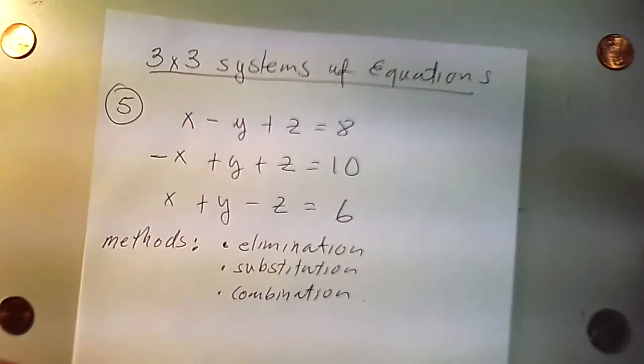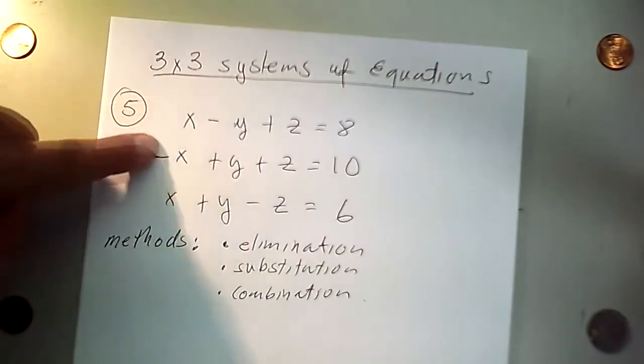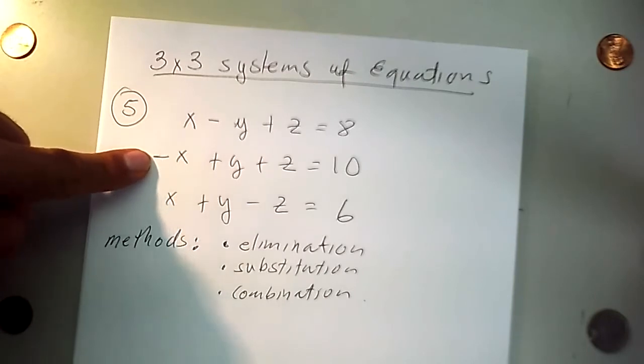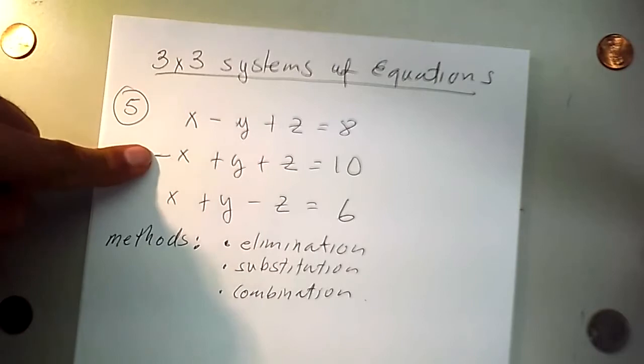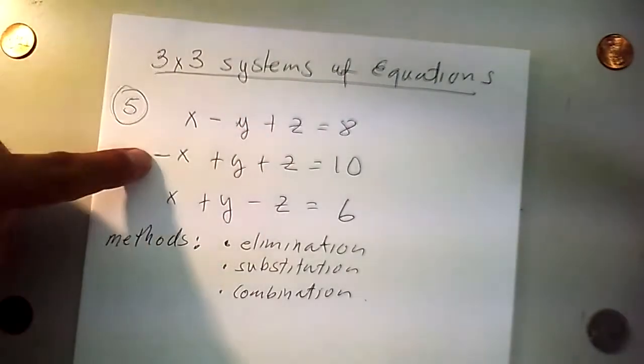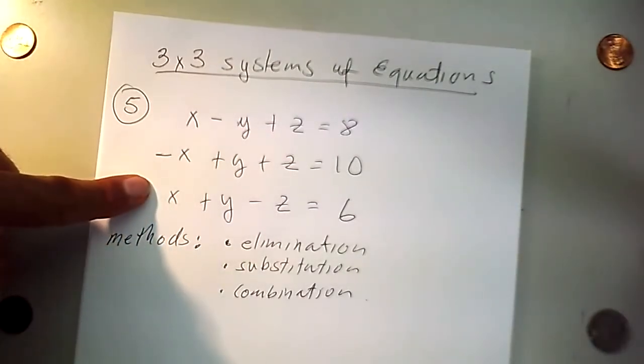Sometimes we eliminate one. For instance, here, it's very easy to eliminate the x because we can just add those two equations and eliminate the x at once.